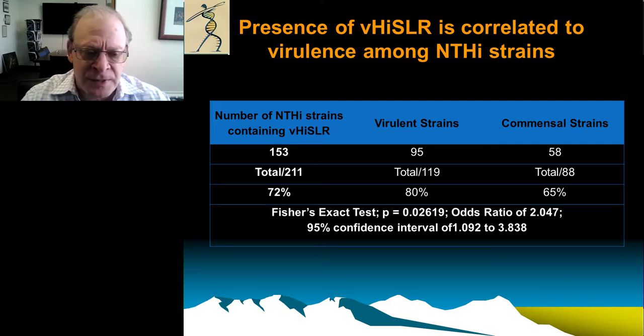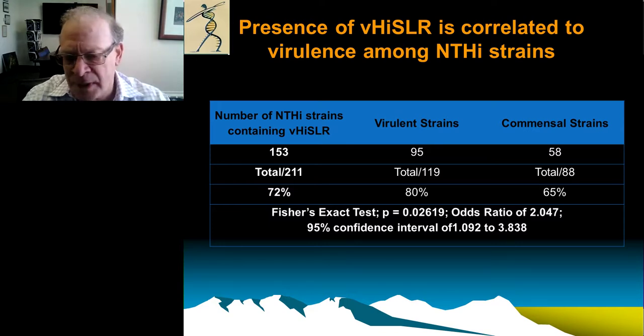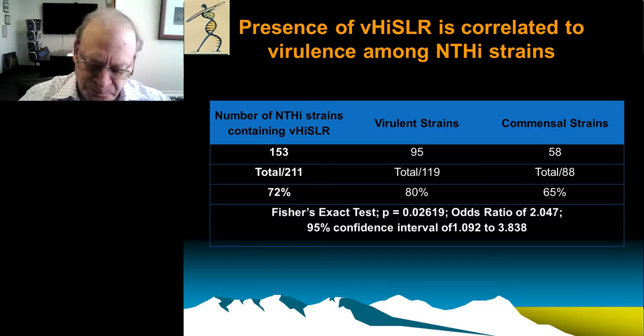So this was the first example that you could use unbiased means, or in this case, statistical genetics, to identify a presumptive virulence gene just based on its differential possession within the species.